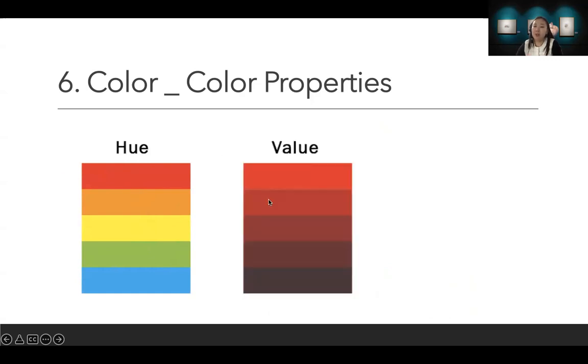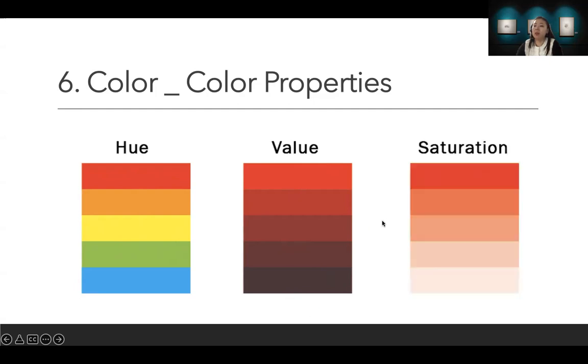The value refers to the relative lightness or darkness of the color, like this. And the saturation or intensity refers to the relative purity of a color. Colors may be pure and saturated as they appear on the color wheel, or they may be dulled and softened to some degree.